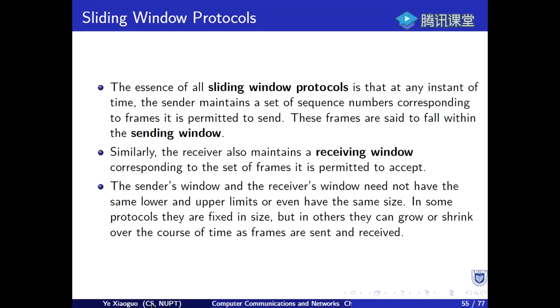The essence of all sliding window protocols is that at any instant of time, the sender maintains a set of sequence numbers corresponding to the frames it is permitted to send. These frames are said to fall within the sending window. Similarly, the receiver also maintains a receiving window corresponding to the set of frames it is permitted to accept.